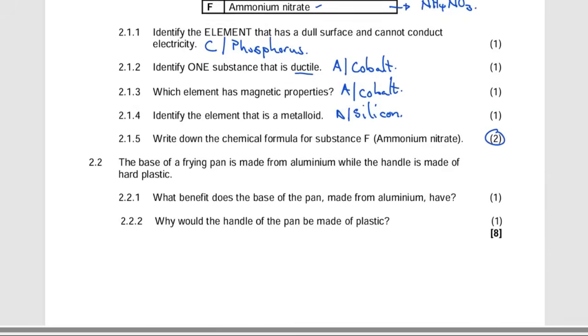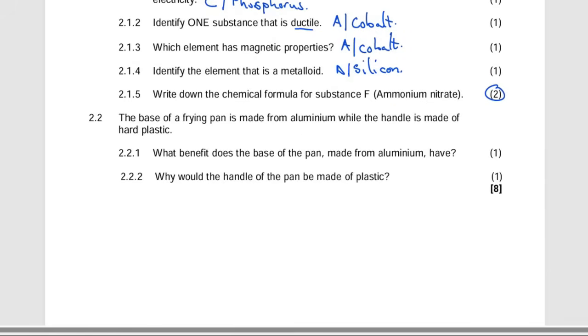Then moving on to 2.2, it says the base of a frying pan is made from aluminum, while the handle is made of hard plastic. Now we're asked, what benefit does the base made from aluminum have? So why do you think that is?